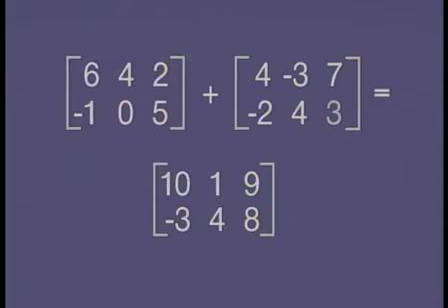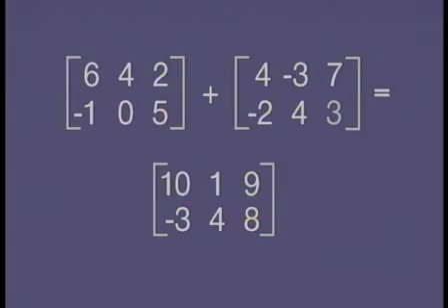And we add them by adding row 1 in the first matrix to row 1 in the second matrix. That is 6 plus 4 is 10, 4 plus negative 3 is 1, 2 plus 7 is 9. We add the second row in the first matrix to the second row in the second matrix to get the second row in the answer matrix, which is negative 3, 4, 8.